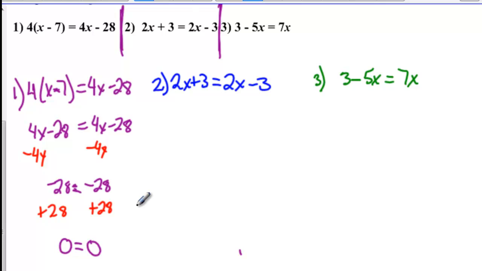If you recognize that it's the exact same on both sides, and that your variables canceled out is the big key. So if your variables cancel out and you get a true statement, what that means is that all real x's are going to work. So you can pick any x value, plug it in, and it will give you a true equation or true statement.